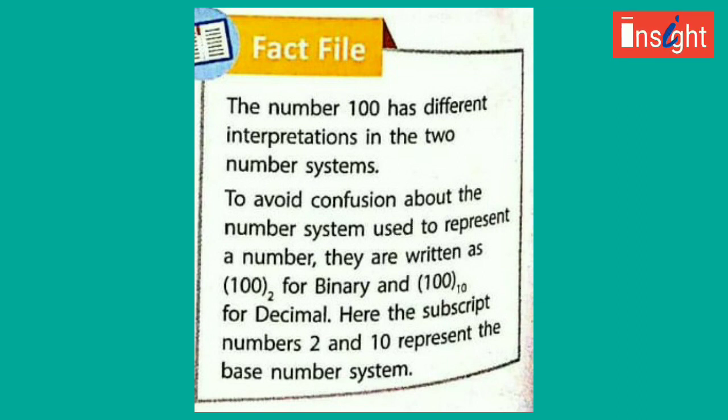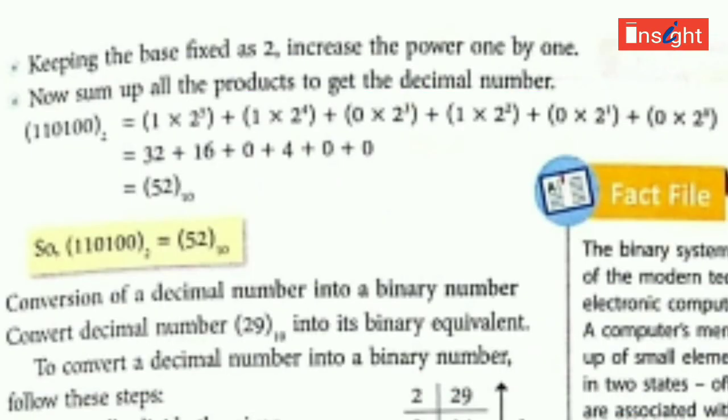So it will be very much easier for us to identify which number system it is written in. So 100 with base 2 in decimal, the value will be something else, and 100, as you know, in decimal it is 100. So it is very important to write the base with the numbers.